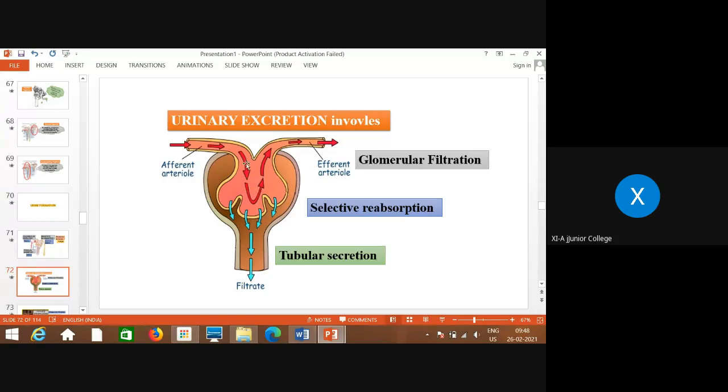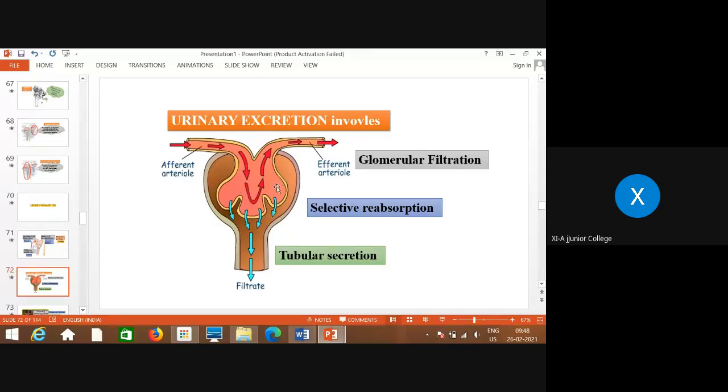The blood flow comes into the Bowman's capsule with great force, but the efferent arteriole has a smaller diameter, so it cannot carry the same force or pressure out. So it creates a pressure in the glomerular region, and that is called hydrostatic pressure.